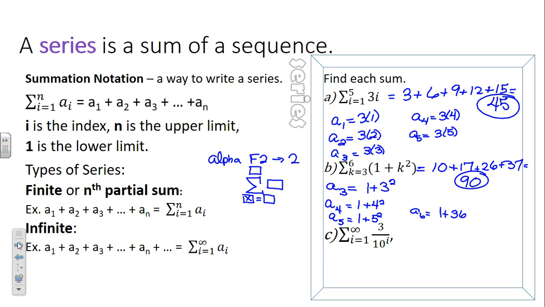What goes in your next box? A 3. And then it's going to jump up here, and what goes in this box? A 6. And then what goes in this box? Yep. When you press enter, what do you get? 90. Okay, so great check.